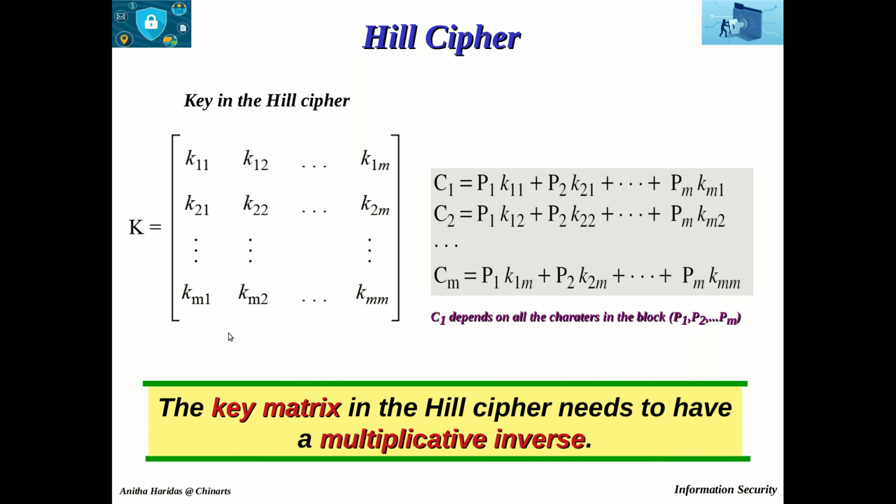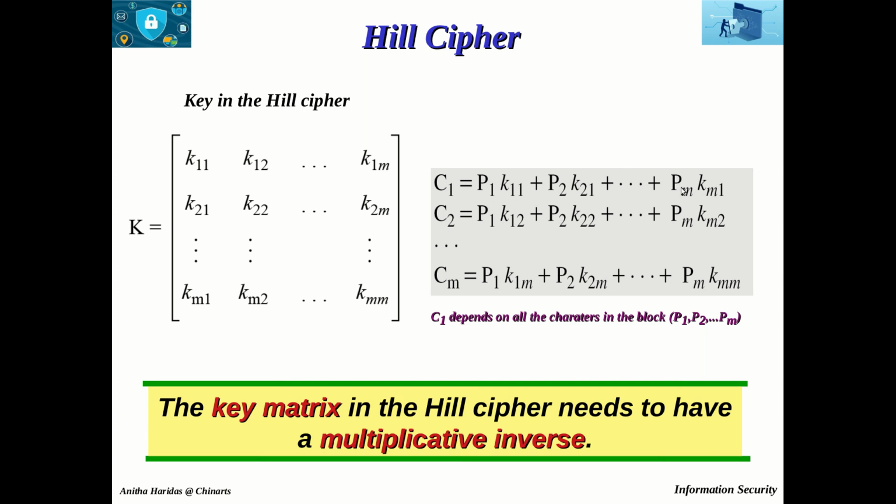Now let us see how one block of the plain text is encrypted using this key matrix. You can observe P1 to PM. P1 to PM is one block of the plain text, where the block size is M. Please make a note of it.